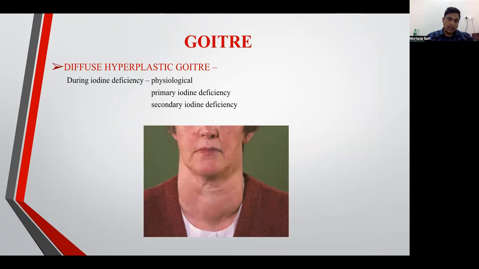Now, goiter. Diffuse hyperplastic goiter, you can see in the picture, it is covering all the region of the thyroid. And during iodine deficiency, it may be physiological, primary iodine deficiency, or secondary iodine deficiency. So there is diffuse hyperplastic goiter.